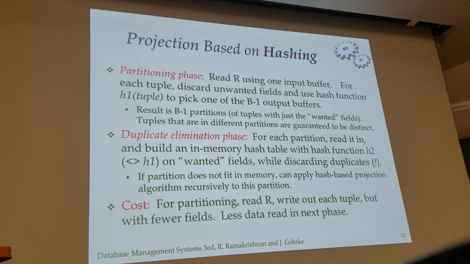And then, we pick an output buffer in which the thing ends up going. And assuming that we have a total of B buffers, one of them is for a block of R, and the other ones are for outputs. And so we're producing B-1 hash buckets.